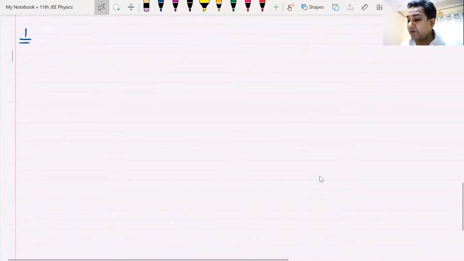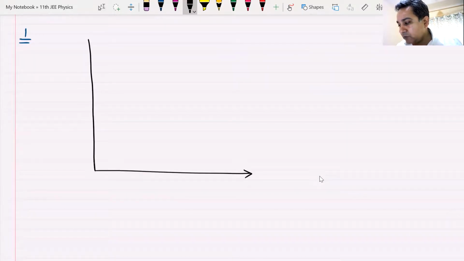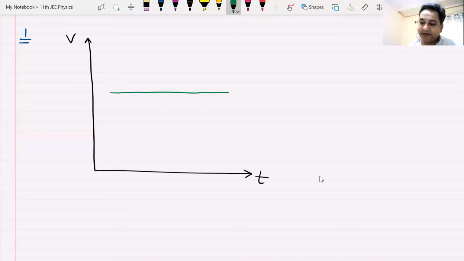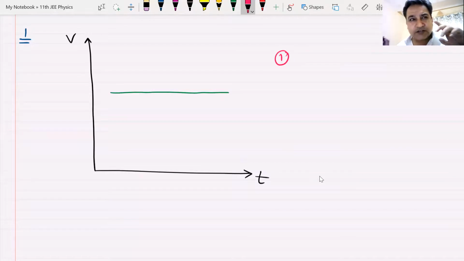The first type of graph would be the simplest of all: T, V, and the particle having a VT graph like this. Now let us try to summarize what we can understand from here.